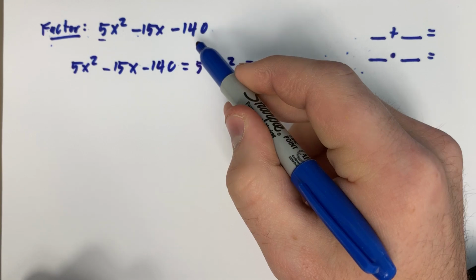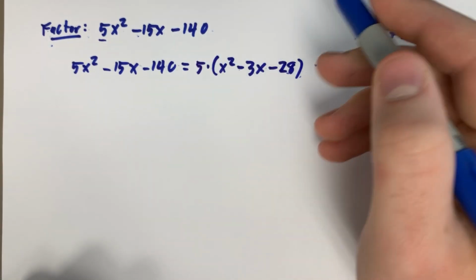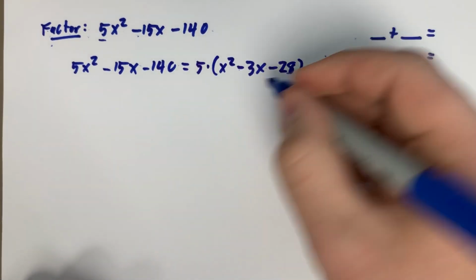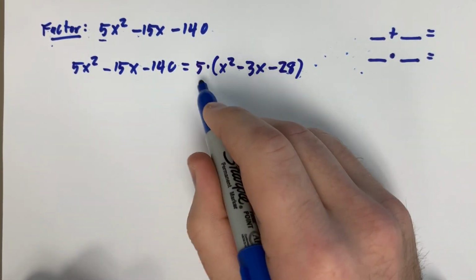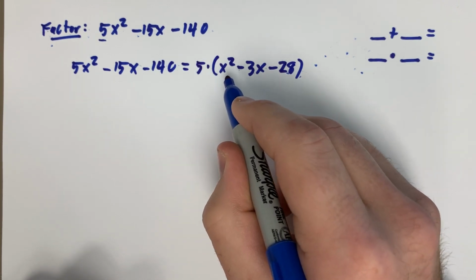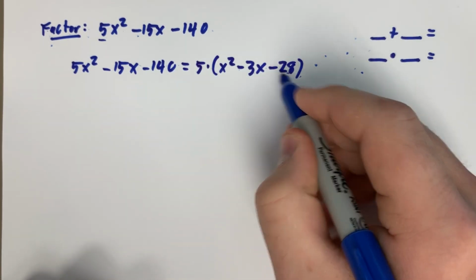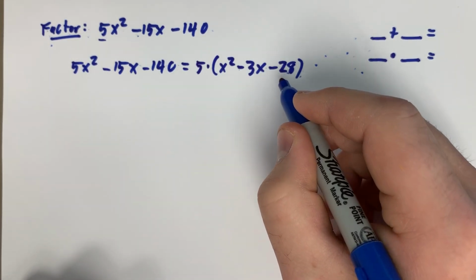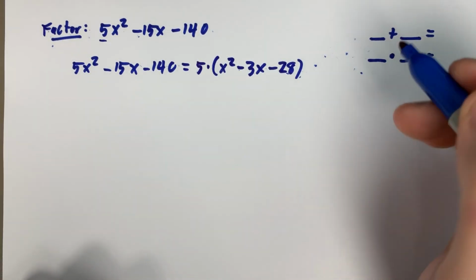Sometimes you do need a calculator to factor off things or do basic division. Sometimes I do too. So now that we have this 5 factored out, we have the expression 5 times the quantity x squared minus 3x minus 28. And this thing might be factorable using the techniques that we've developed in difficulties 1 and 2.